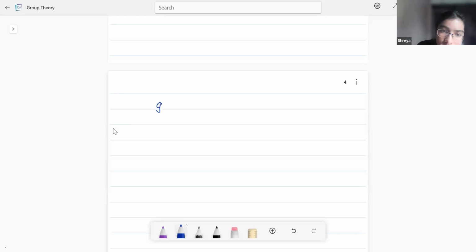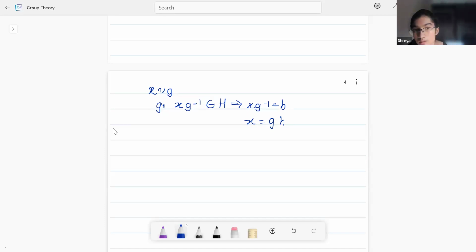So we'll just look at everything which is related to G, all X such that X is related to G. Then what we want is that X G inverse should belong to H. If X G inverse is equal to H, then X is equal to G times H. So the set of all such X is the set of all G times an element of H, like the equivalence class of H, but with G times H.